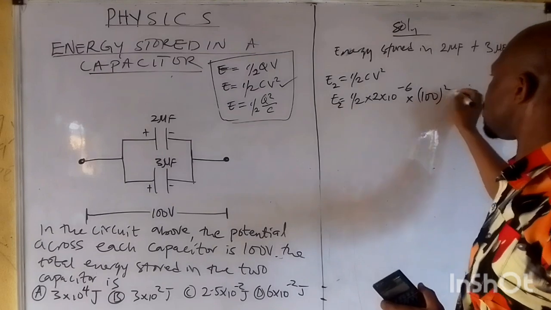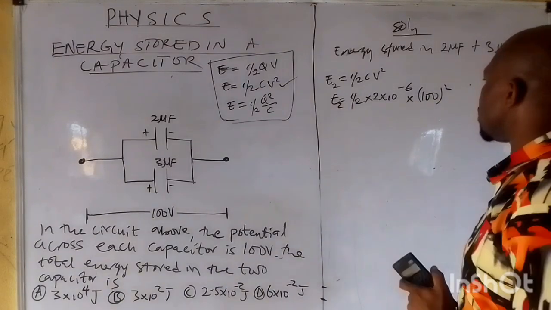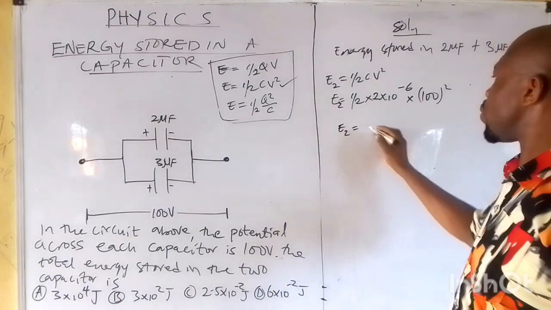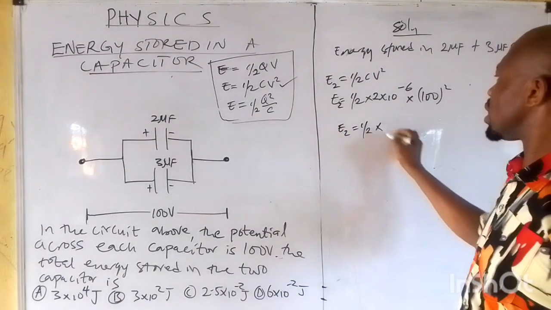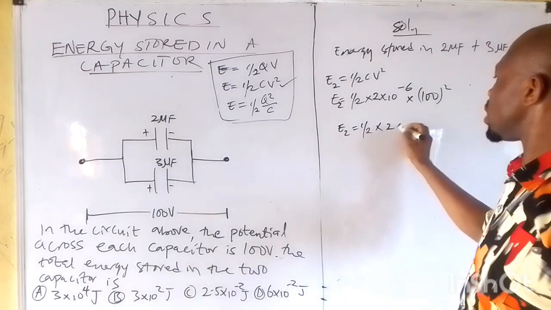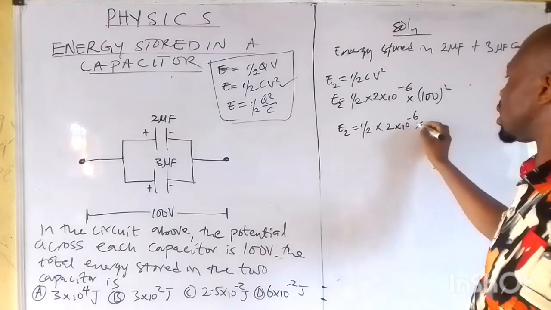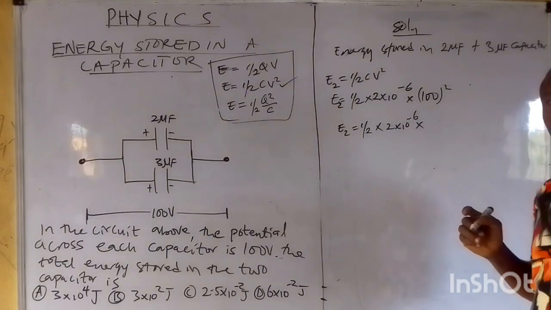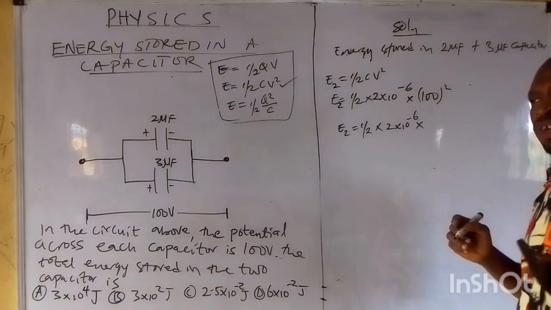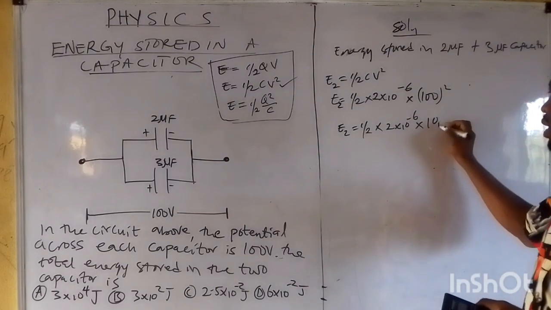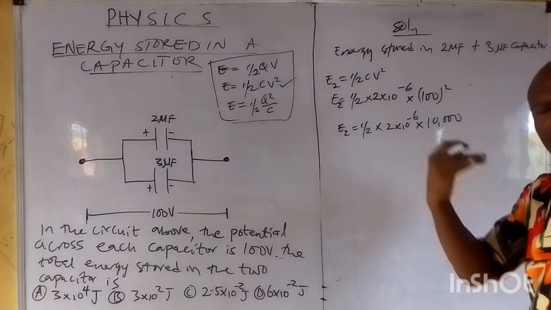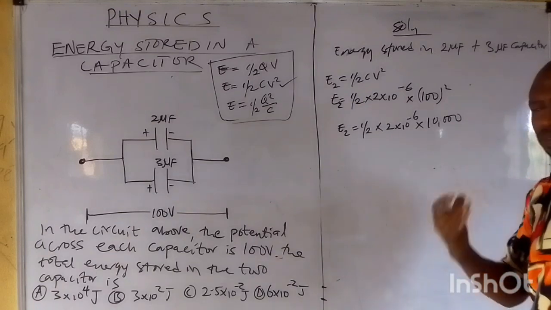Remember, it is squared. Because it is squared, we have E2 is equal to half times 2 times 10 raised to the power minus 6 times 100 squared. And of course, if you press your calculator there, 100 squared is 10,000. You can pause this video and then take your notes one after the other.